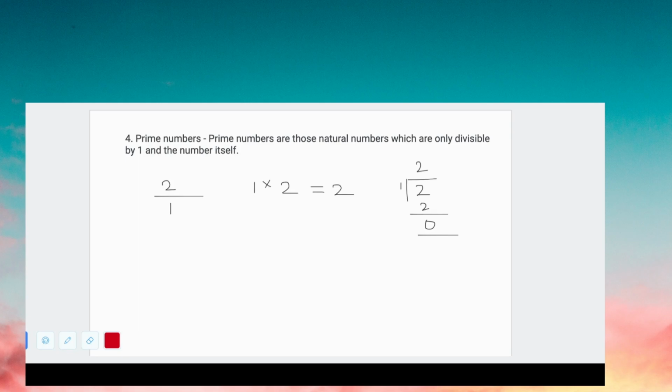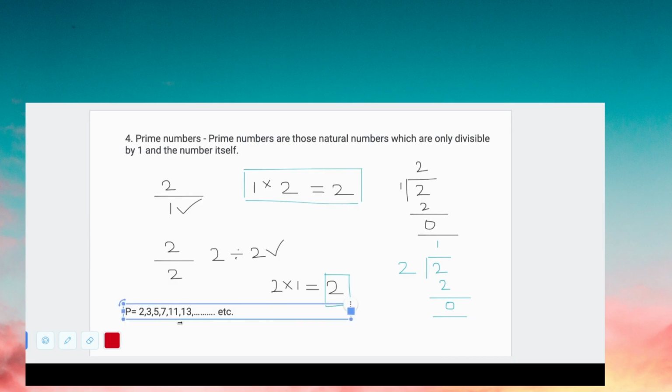And the number itself: 2 can be divided by 2, because 2 times 1 is 2. It can be divided by 1 and only by 2, and there is no other number that can divide 2.